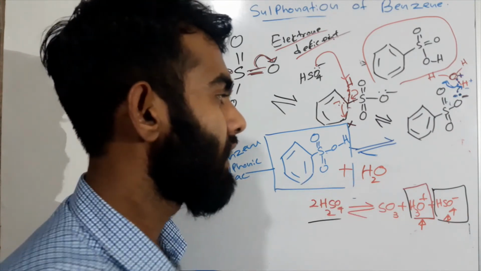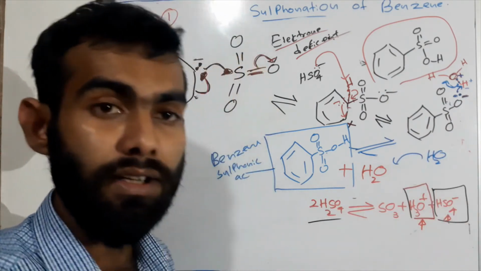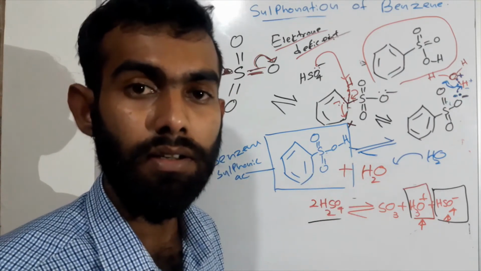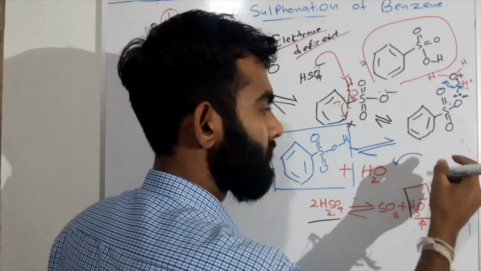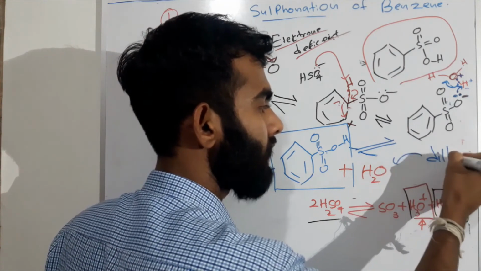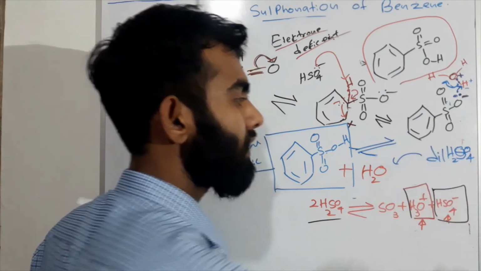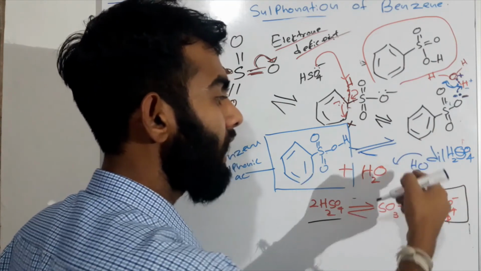On the other hand, if we add water into the medium, we can't directly add water because the medium is highly acidic. It contains sulfuric acid, so we will add dilute sulfuric acid. Dilute sulfuric acid means we add more water, so the water content will be higher.